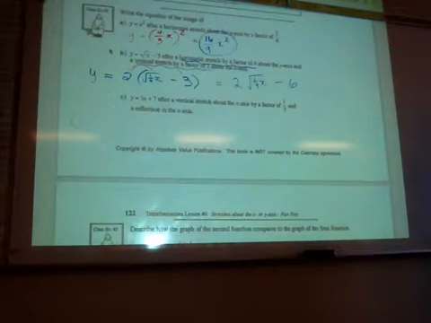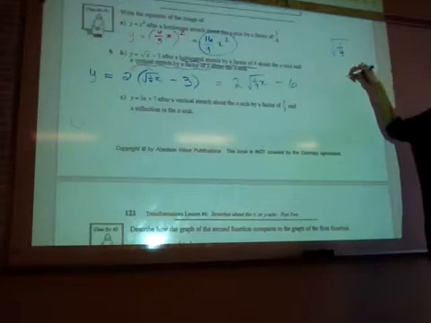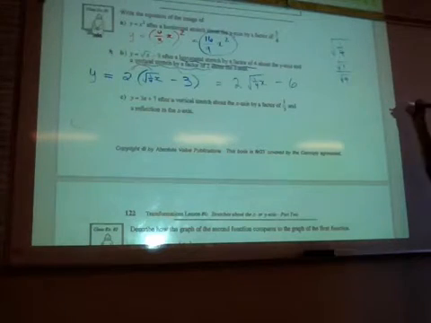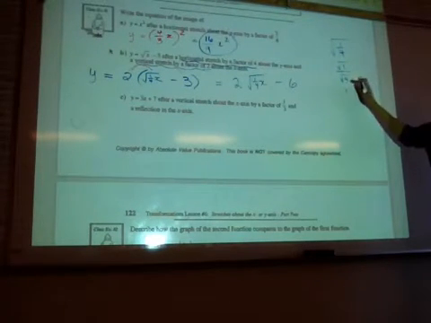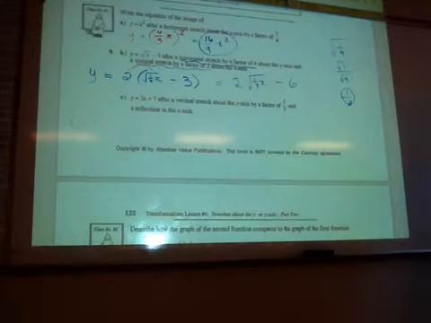Can we simplify further? Yes? Okay, let's just look at the square root of a quarter to start with. That can be rewritten as the square root of 1 over the square root of 4. The square root of 1 is 1, the square root of 4 is 2. So it can be reduced to 1 over 2.